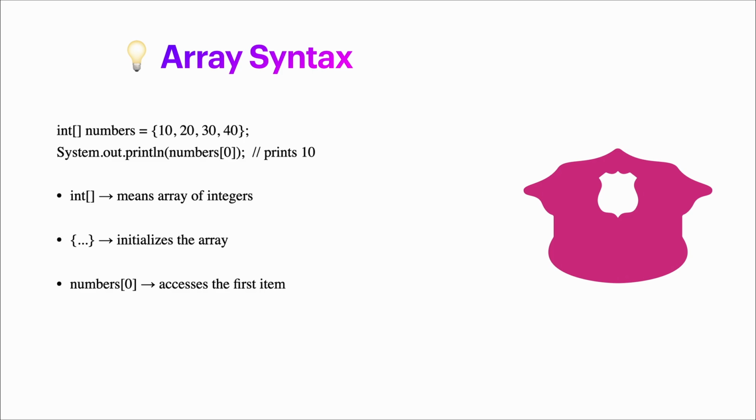To write an array in Java, you have to give the array its data type. This is how you declare an array, using square brackets attached to the name of the data type. So there it's an integer. When you type int, the numbers, then we give it equals to and the array in curly braces.